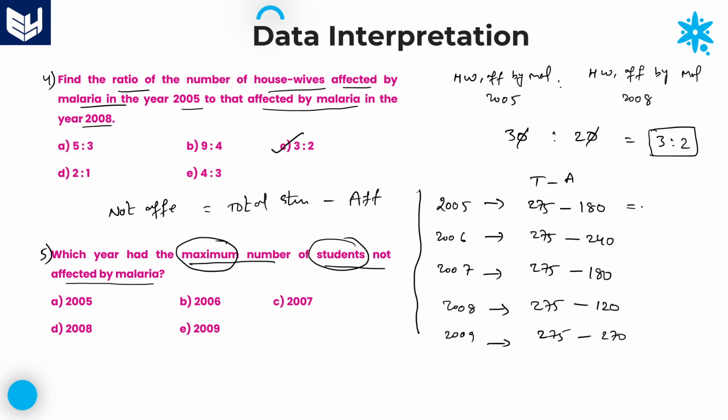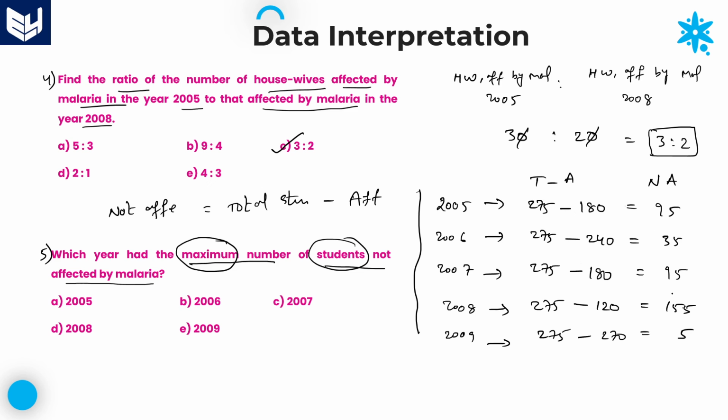Now look at the values of those who are not affected. Here it is 95. And next here it is 35. Again it is 95. Now here it is 155, 275 minus 120. And next 275 minus 270, that is 5.